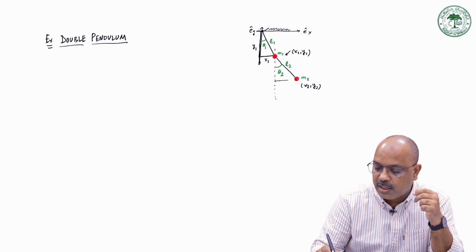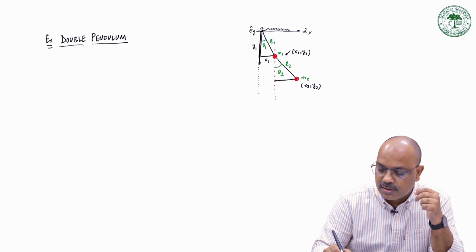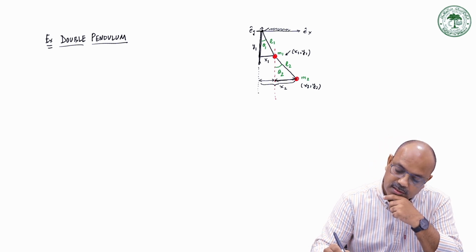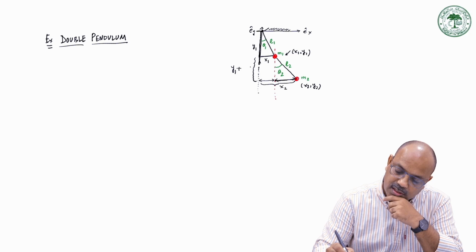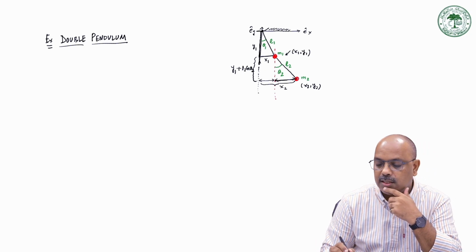Similarly, my x2 comprises this whole x1 plus this part, and y2 is y1 plus this part. This part is going to be L2 cos theta 2. Okay, so let's write this.